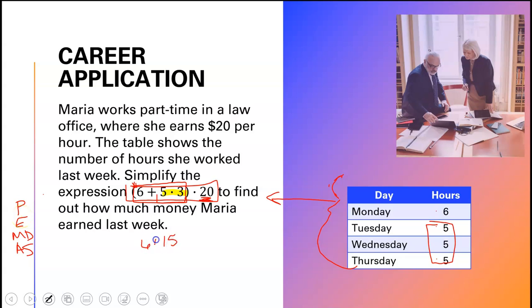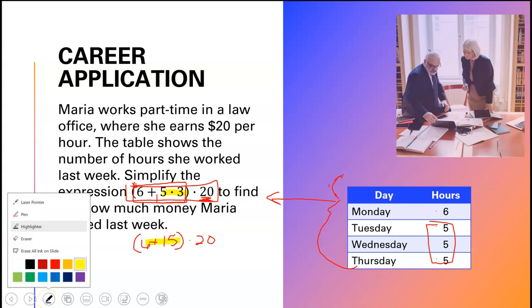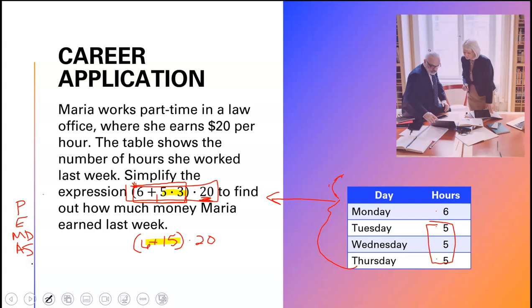Everything else is still there. So we're going to do the 6 plus 15. So we're going to add 6 now and get a total of 21 hours. Multiply that by 20 is our last thing that we need to do to find out that Maria will have earned $420 that week.